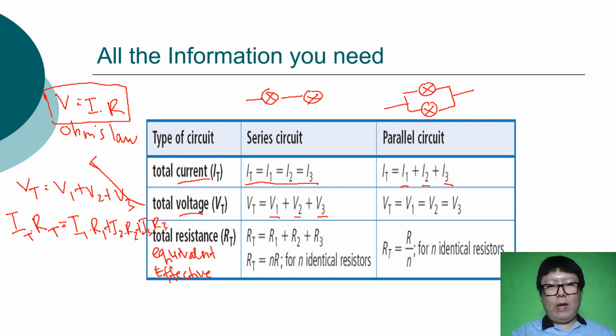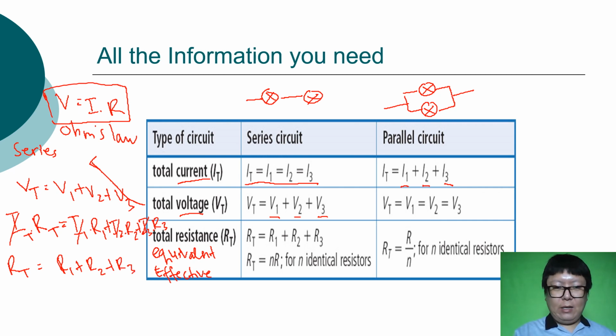And we have learned that in series, the current is equal, right? So we can cancel the current. Then we get the equation: the effective resistance or the equivalent resistance equals R1 plus R2 plus R3.